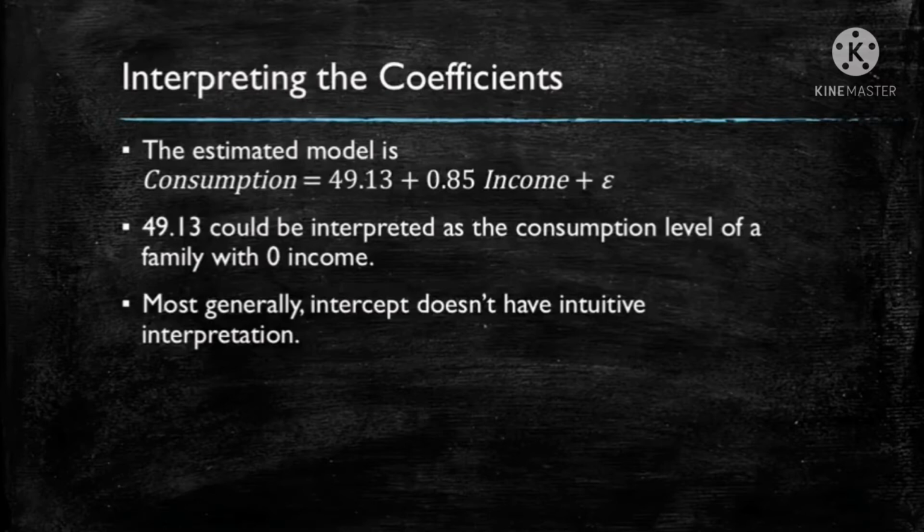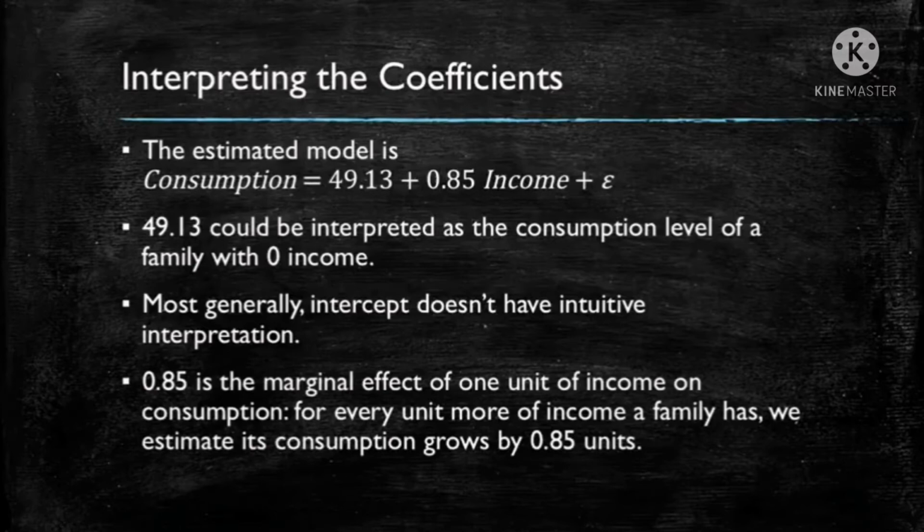Now let's talk about the 0.85. This means that for every unit increase in income, consumption will grow by 0.85. We can call this the marginal effect, meaning that on the margin, consumption will grow 0.85 for every unit increase in income. And let's put some dollar numbers to this. Let's say a family's income is 100 more.